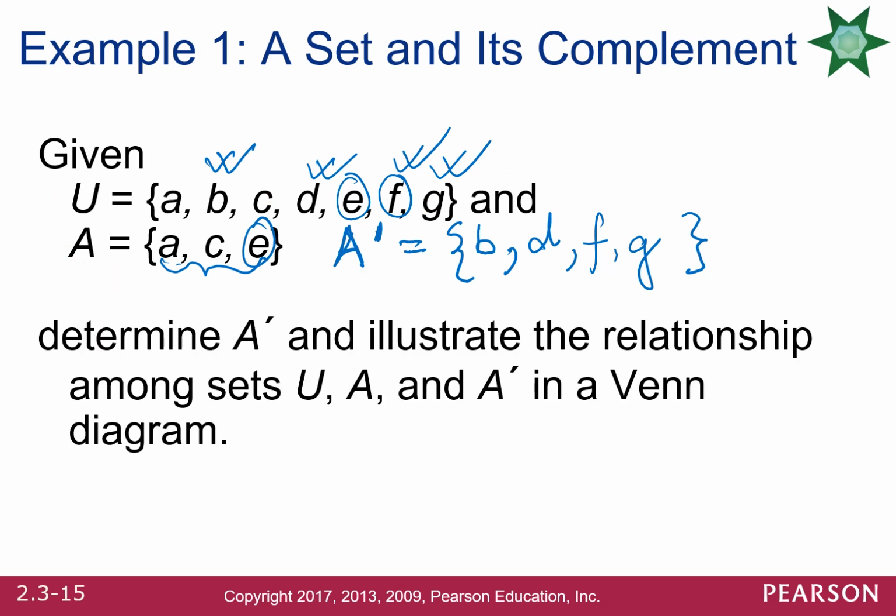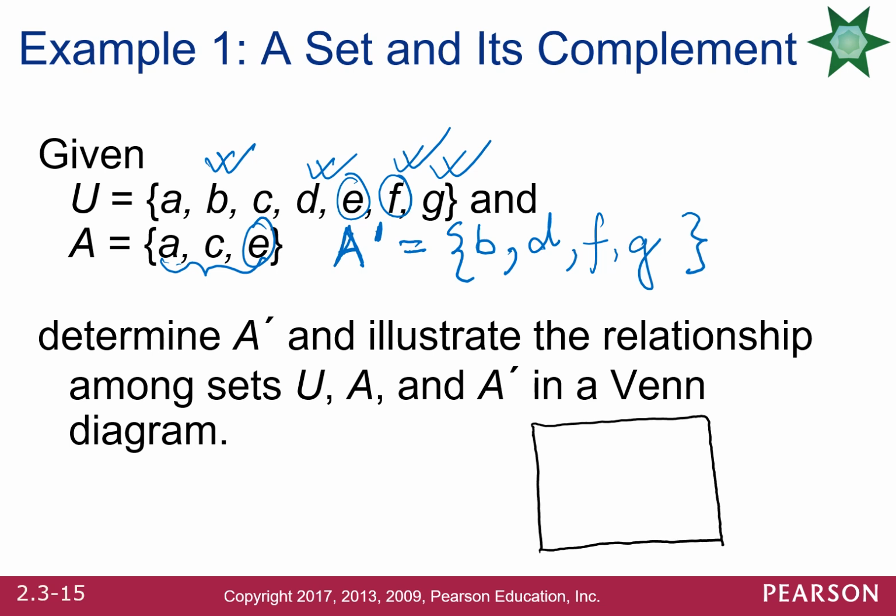So let's look at the solutions here. It says determine A dash and illustrate the relationship among sets U, A, and A dash in a Venn diagram. They're going to bring up the solution in the next slide, but let me do the Venn diagram over here, and then we can go back and check in the next slide whether their solution matches with ours.